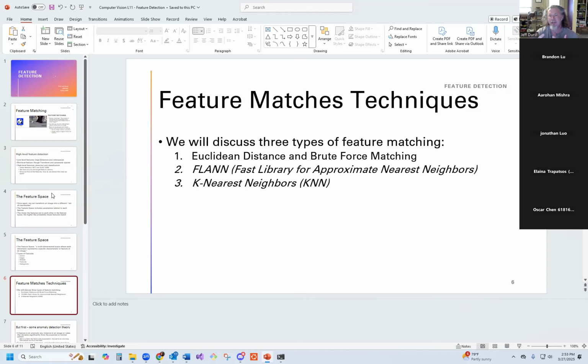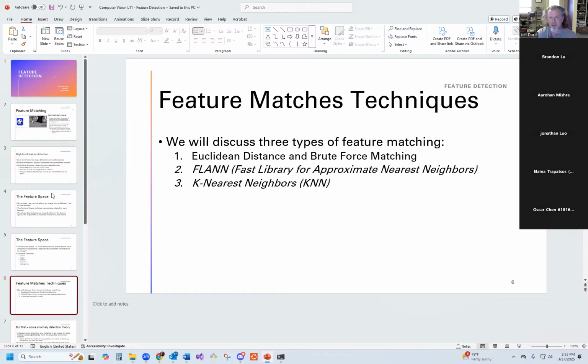So we're going to be talking about feature matching techniques. You can see here, I'll probably demo all of these as we go, especially to show how much longer brute force runs compared to something like FLANN.